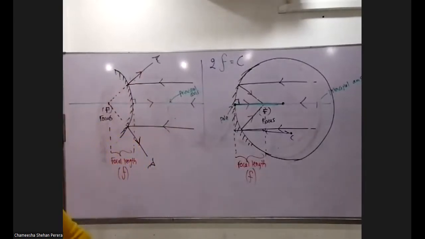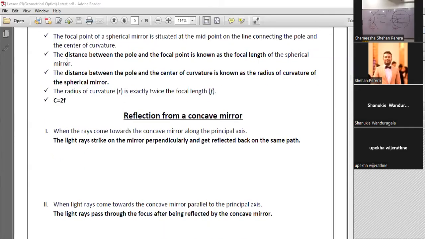Okay, right. Can you read it? This one, Sharabi. Sorry, sir, my mic was muted all this time. The distance between the pole and the focal point is known as the focal length of the spherical mirror.